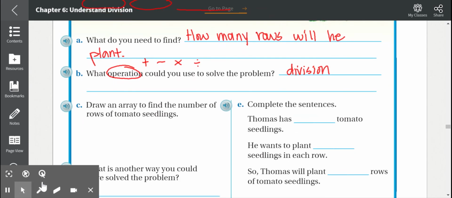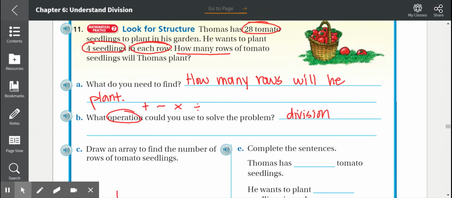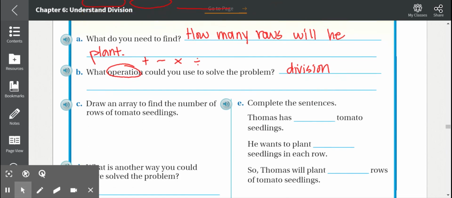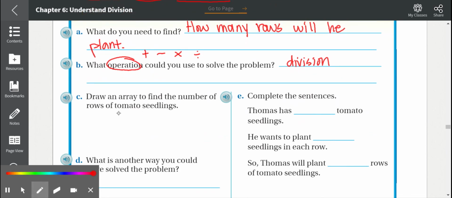Okay, next it says draw an array to find the number of rows of tomato seedlings. So we don't know how many rows. What we do know is that he has 28 and he wants to have 4 in each row. So what we're going to do is draw a row of 4. 1, 2, 3, 4. And we're going to do that until we get to 28.